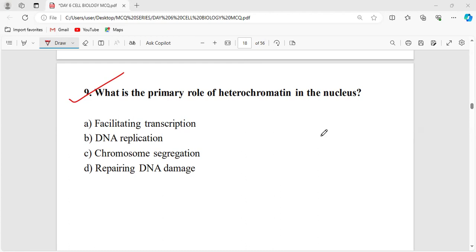Facilitating transcription? Just now we said that it is transcriptionally inactive.